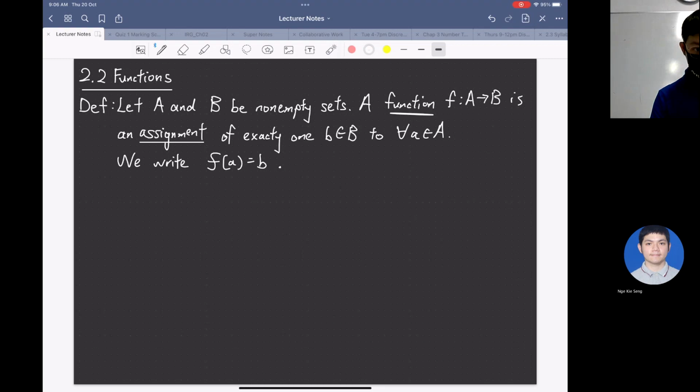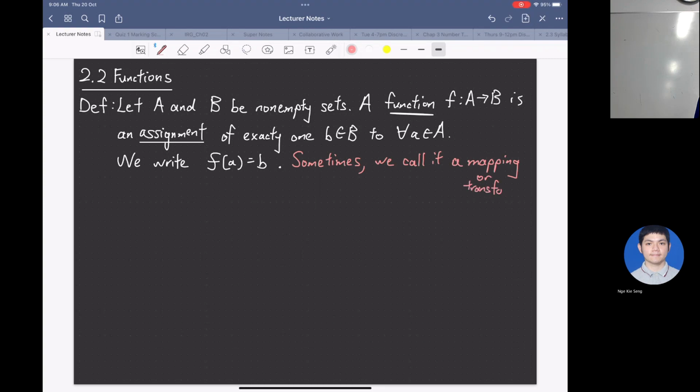Sometimes we call it a mapping or transformation. For example, the map of the Earth.